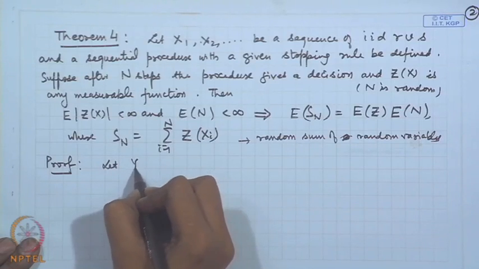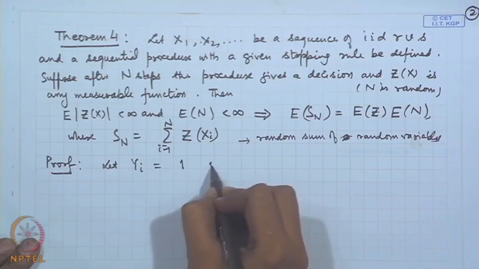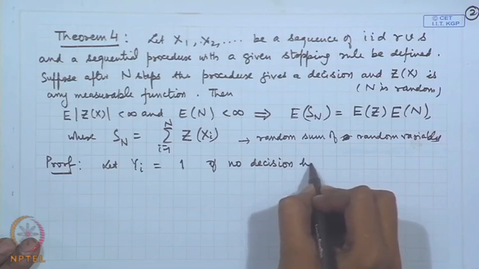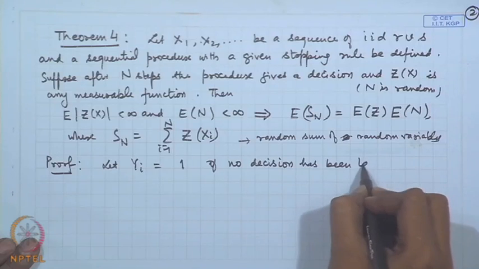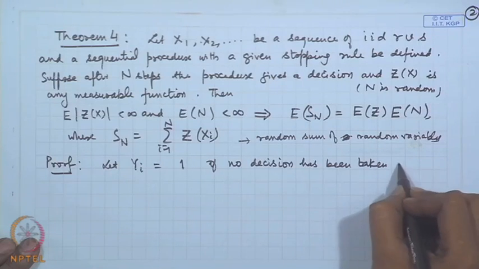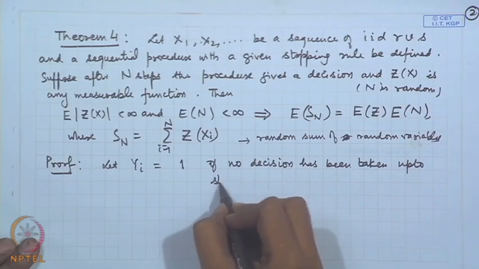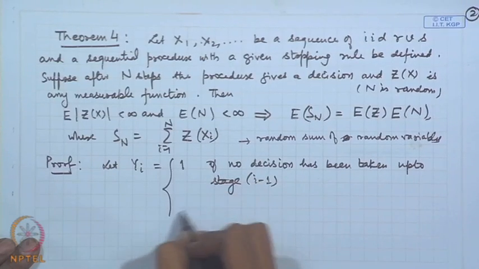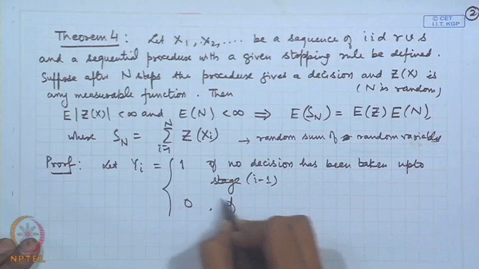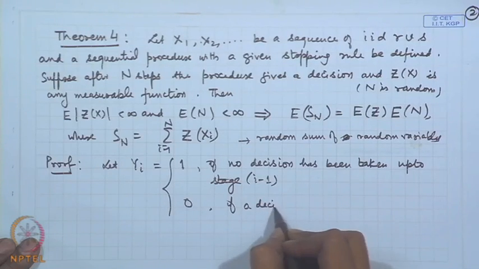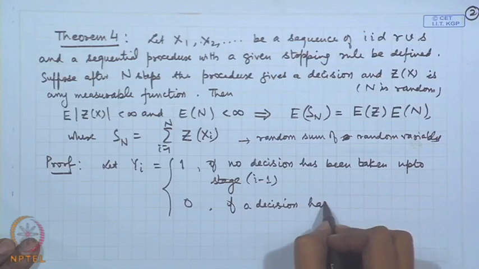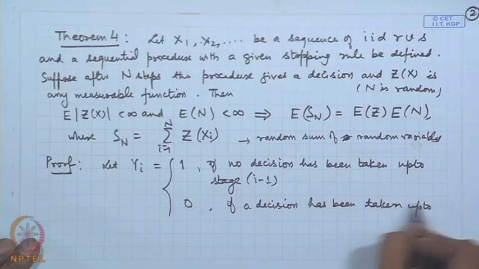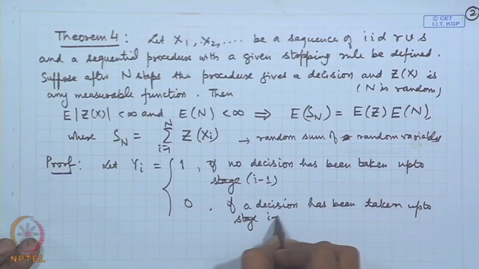To prove this, let us denote a quantity called Y_i. It is 1 if no decision has been taken up to stage i minus 1, and it is 0 if a decision has been taken up to stage i minus 1.